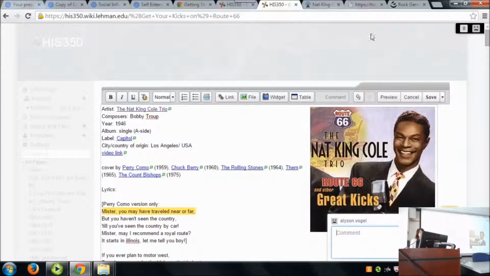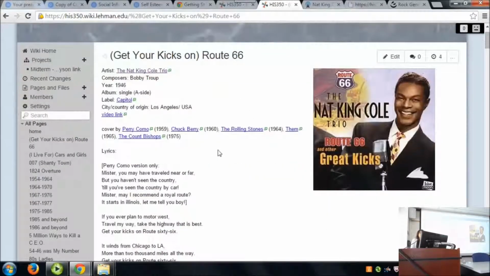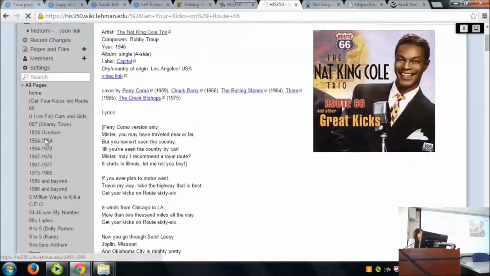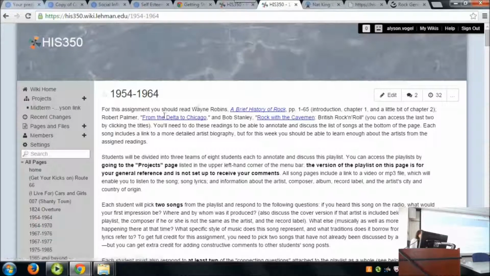So the Wiki is not just, and that's why I said it's not a limited tool. He was able to create his own atmosphere, his own kind of ecosphere, if you want to, of music. And then talked about it in terms of the era, right?